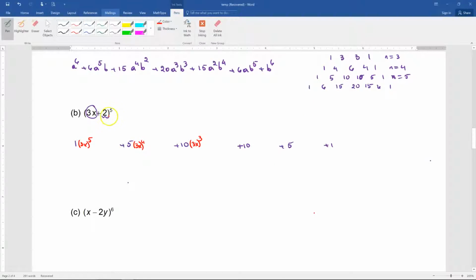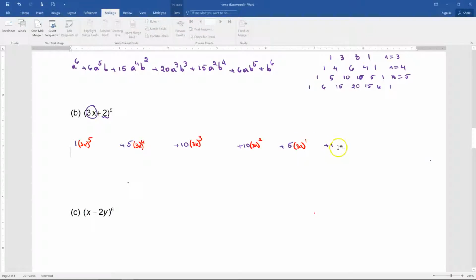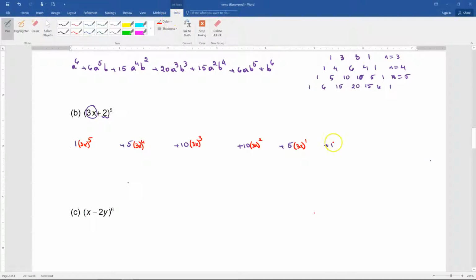I should have 6 terms. 1, 2, 3, 4, 5, 6. Now I got them all. So 3x squared, 3x to the 1, and 3x to the 0. You don't even have to write that one. It's always this exponent plus 1.